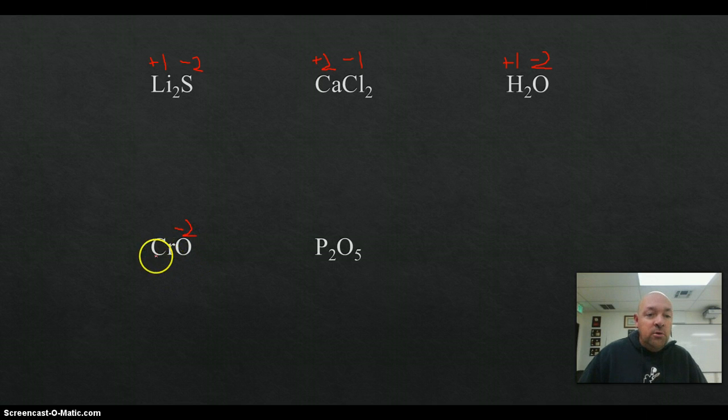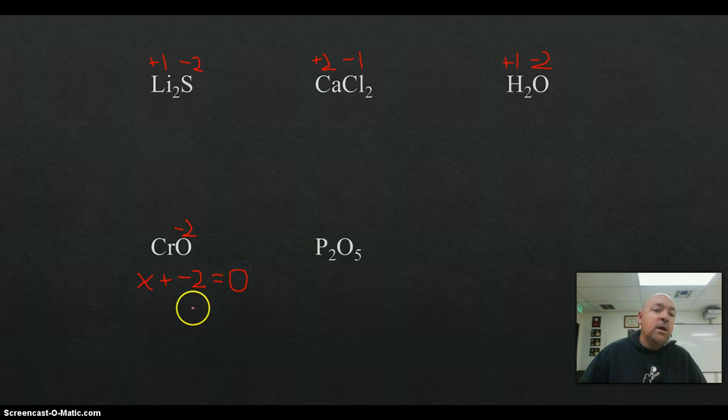And so then I can use my little equation that we said we know: the sum of everything has to equal 0. So I can set up my equation, X for chromium. I don't know what its value is. The sum of the oxidation numbers, so sum means add, and my oxidation number for oxygen is -2, has to be equal to 0.